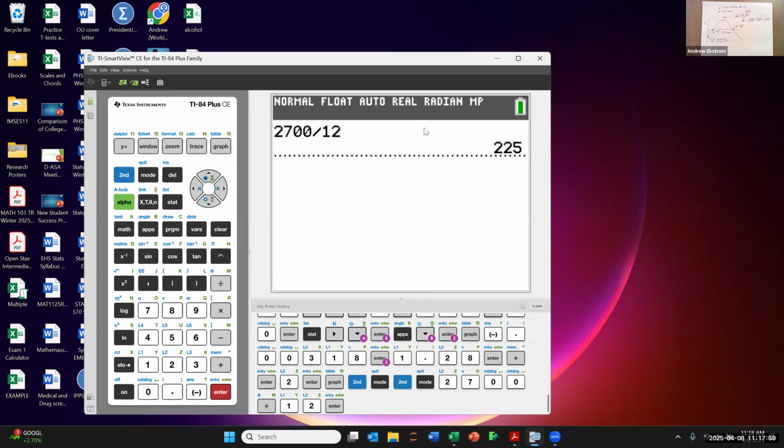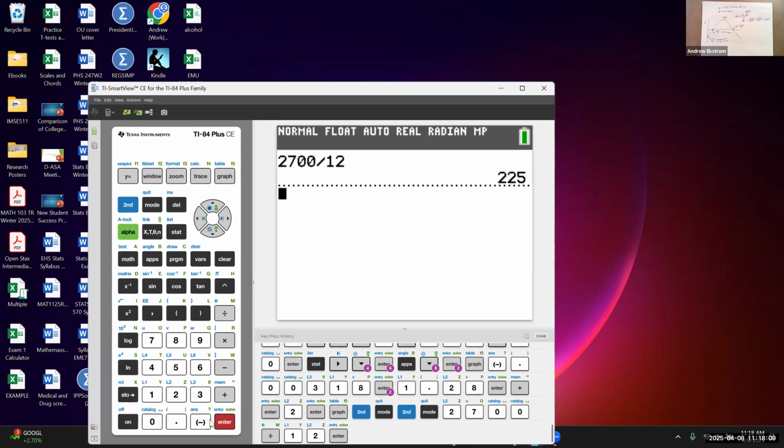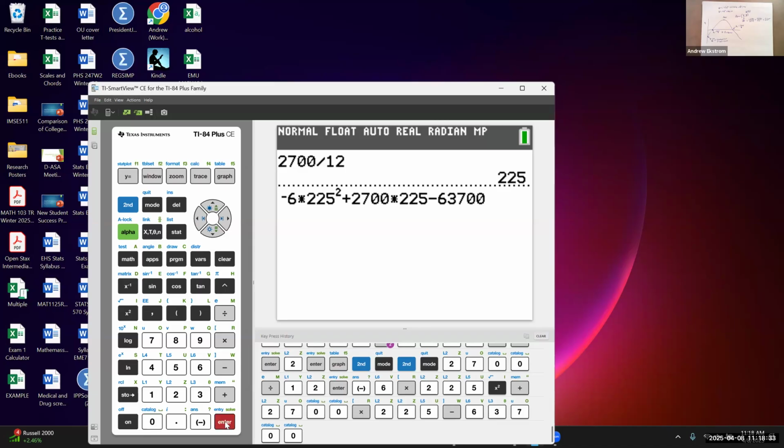We can then plug that into the equation that we have to figure out how much money they're going to make at X equals 225. So we have -6 times 225 squared plus 2,700 times 225 minus 63,700.